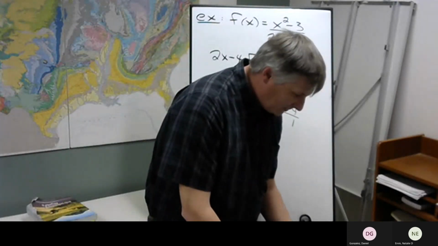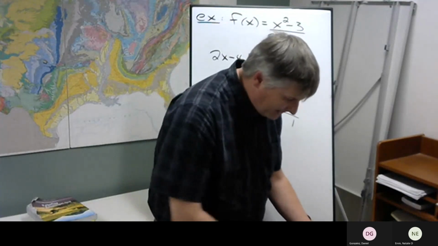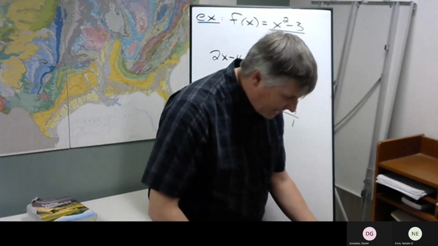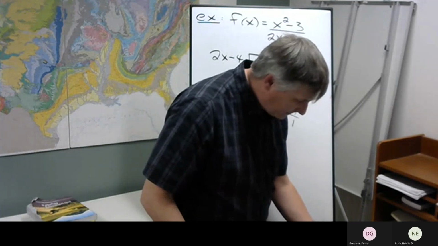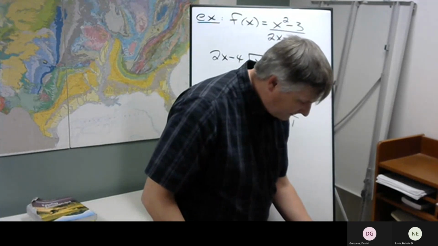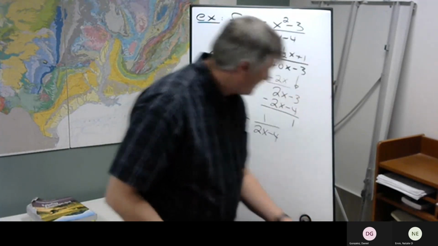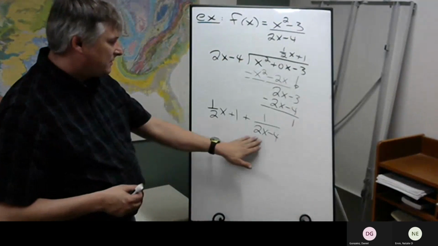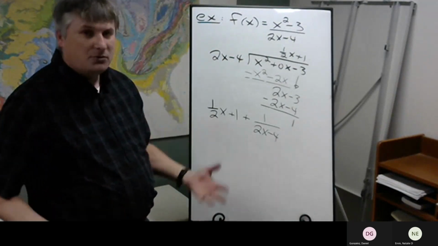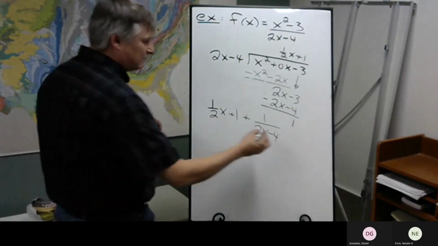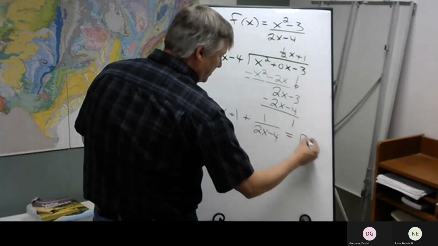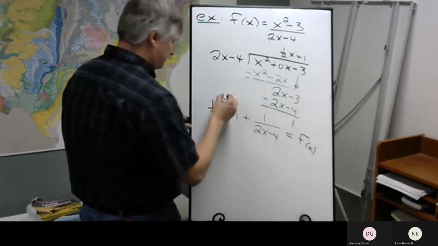And so the thing to look at here, we're going to talk about something called dominant terms. The idea here is that as x gets bigger and bigger and bigger, you're going to find that the remainder we have here is going to lose influence on f of x. So again, all we've done is change the appearance of f of x.